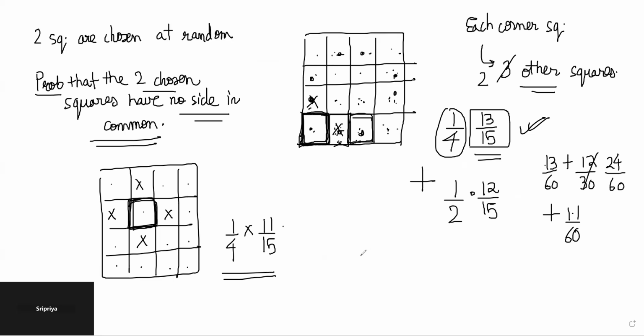I feel like some mistake has happened. I'm getting basically 29 by 30. Something is going wrong somewhere. It is close to the answer. I think the answer will be 23 by 30. I'll just check the answer.